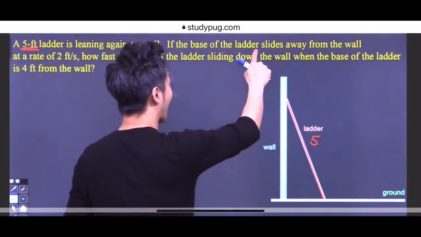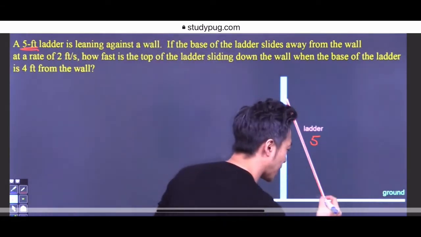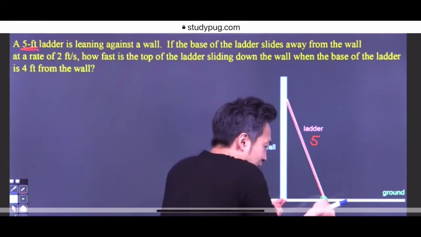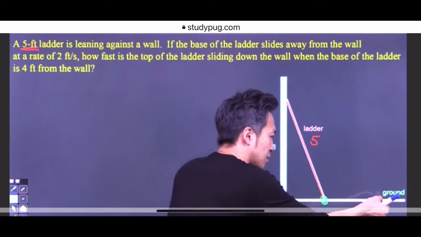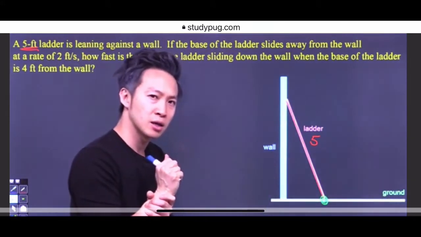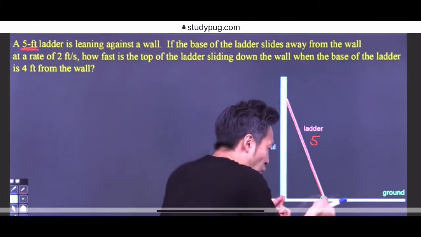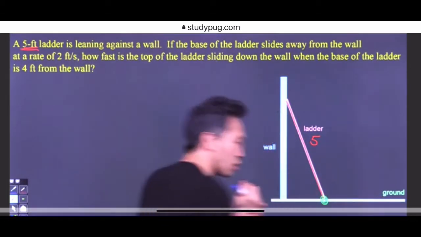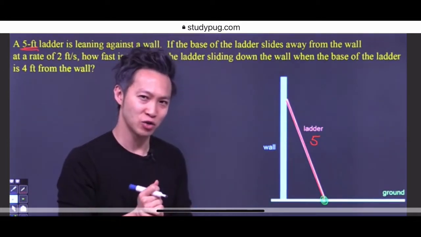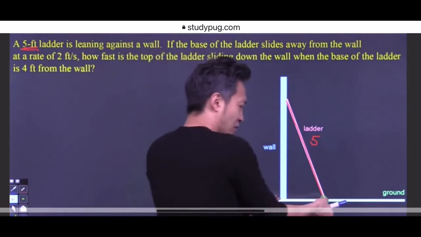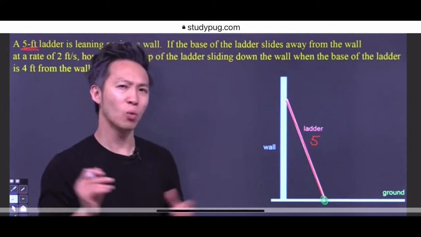Okay, now, if the base of the ladder slides away from the wall at a rate of 2 feet per second. Guys, look, if the base of the ladder slides away from the wall, some quantity is gonna change, right? What quantity?